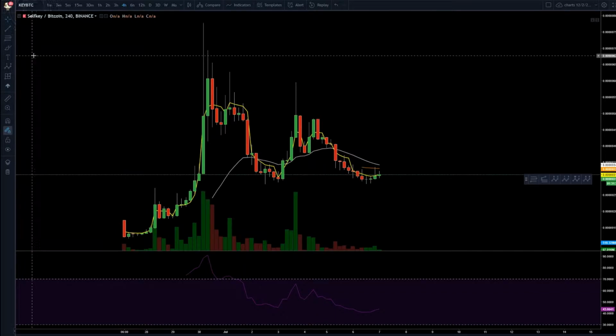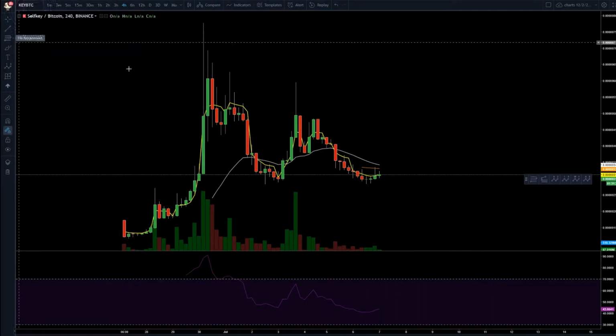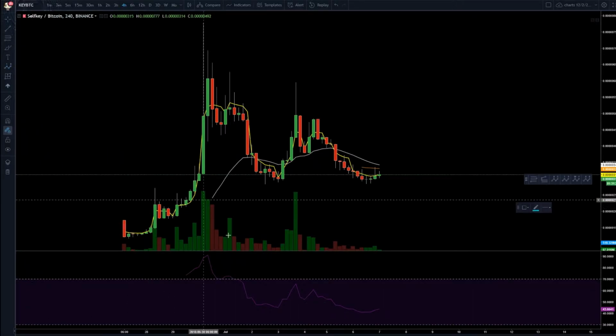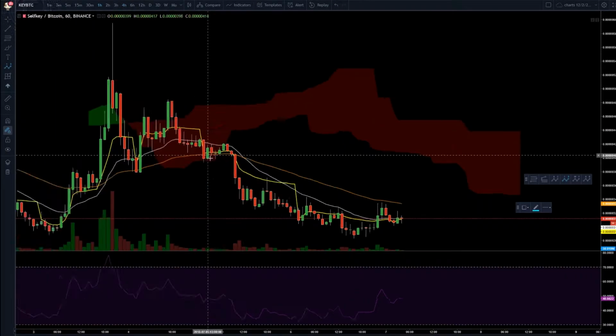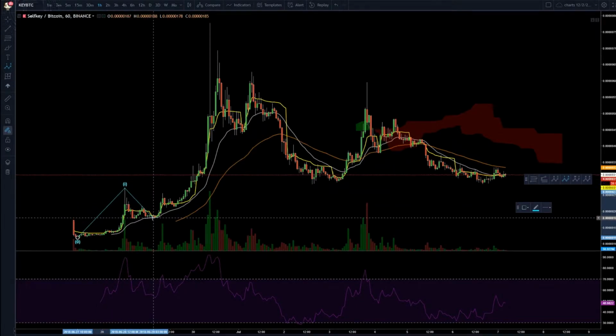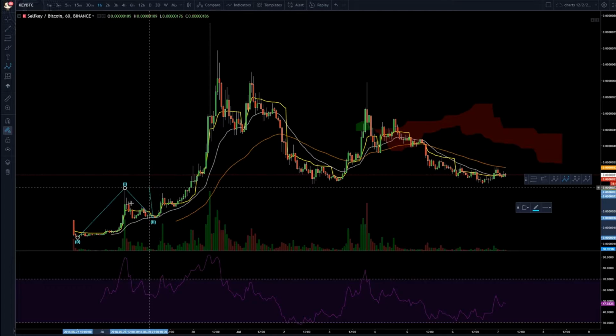Here's an update. Typically when you have something like this, it kind of looks like it's forming a double bottom, but what I go by purely is, we need to go to the 1 hour here. Pay attention, guys, especially the two that are stuck.